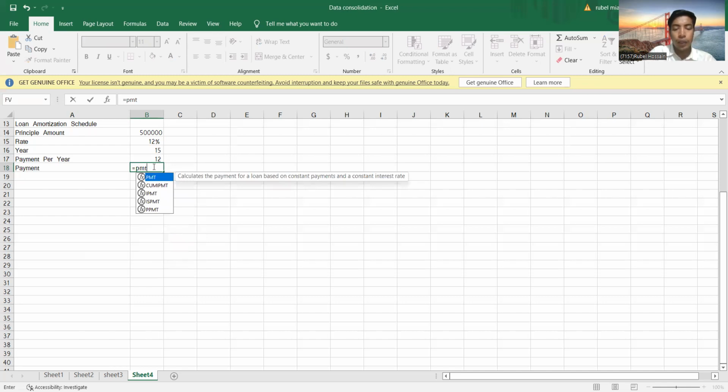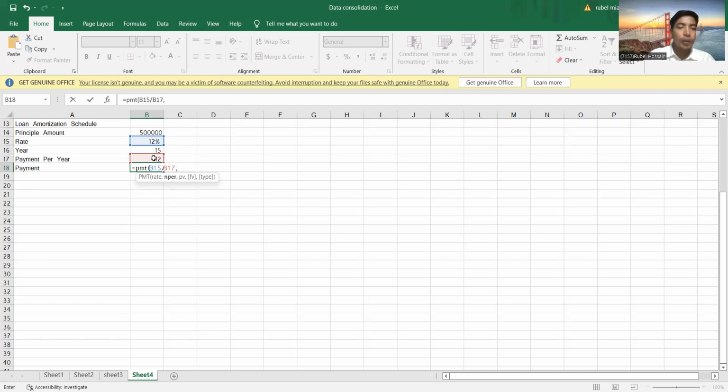We have to give a first bracket, and here you can see the rate. What would be the rate? Here B3, the rate, and as we want to calculate loan amortization, we have to divide it by B5.